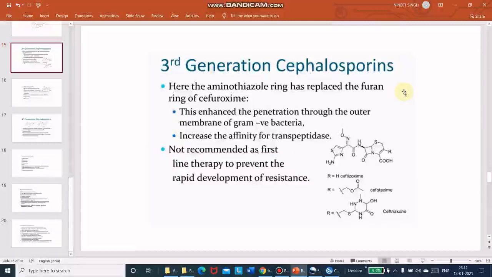This enhanced the penetration through the outer membrane of gram-negative bacteria, increased the affinity for transpeptidase, not recommended as first-line therapy due to the rapid development of resistance.